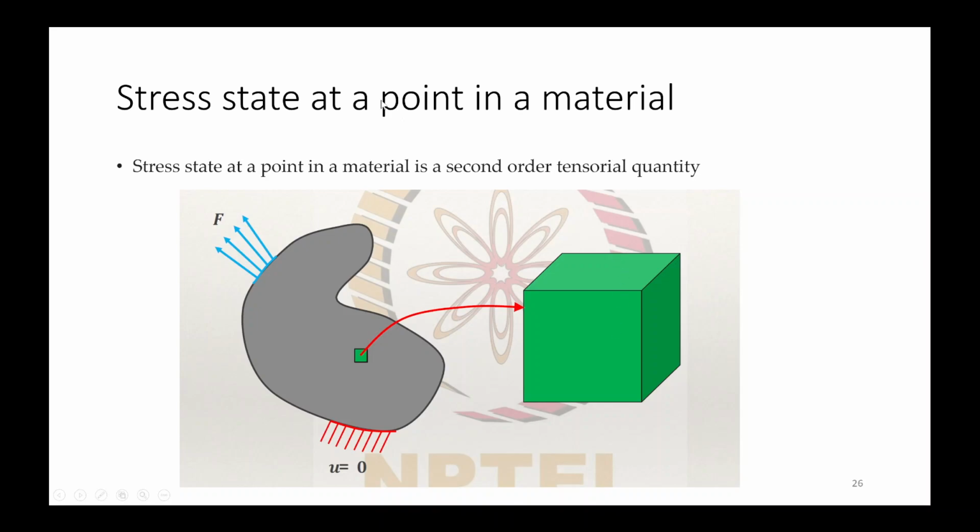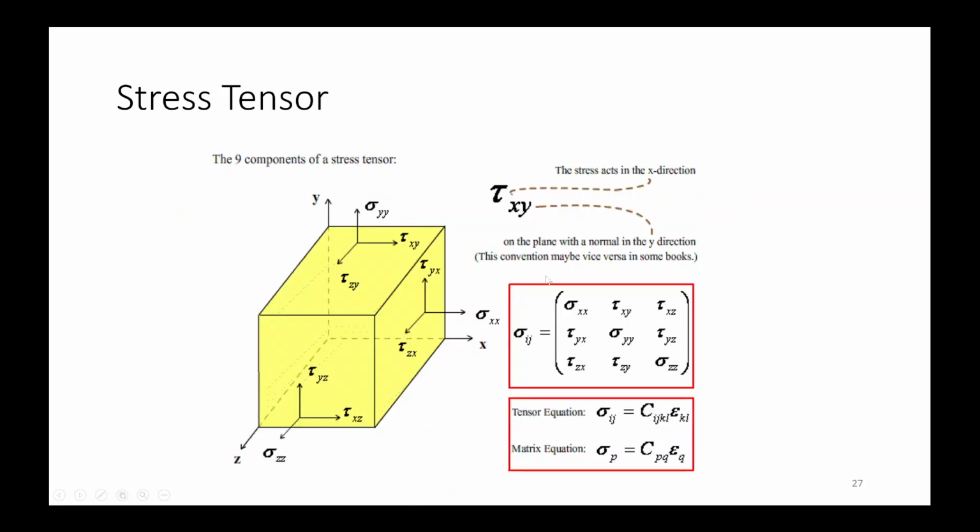Now, the stress state at a point in a material. When we apply stress to a material, there are various points in the material we can consider. If I consider this point as a cube, then how the stress acts on this point can be given in terms of a second order tensor quantity, which will be a 3 by 3 matrix. Here there will be 9 components of the stress tensor.